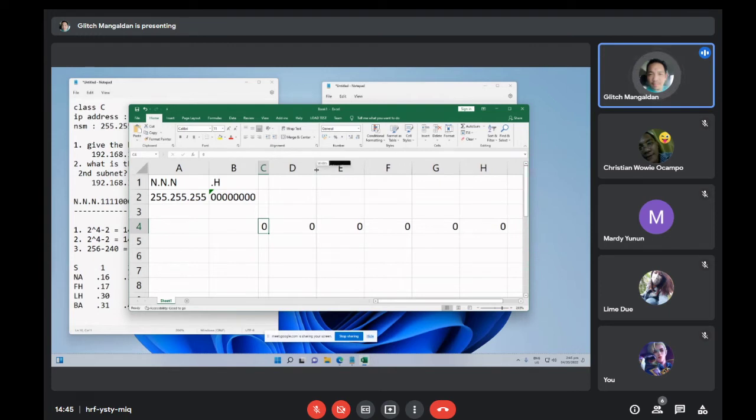Ito yung walong zero kanina, yung nasa taas, binaba ko lang dito. Ilan to? 2, 4, 6, 7. Kulang pa ng isang zero.